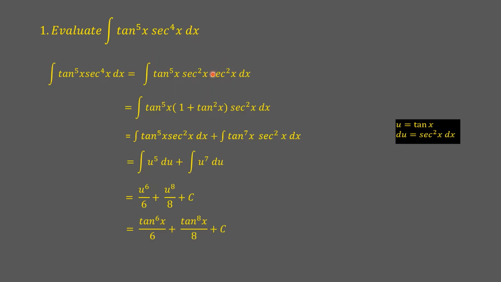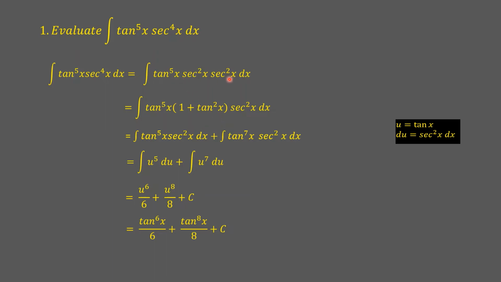Now leave this secant squared x with dx to play the role of the differential of tangent x. This other factor of secant squared x, we will transform using the identity expressing this in terms of the tangent function. Recall that secant squared x is equal to 1 plus tangent squared x.